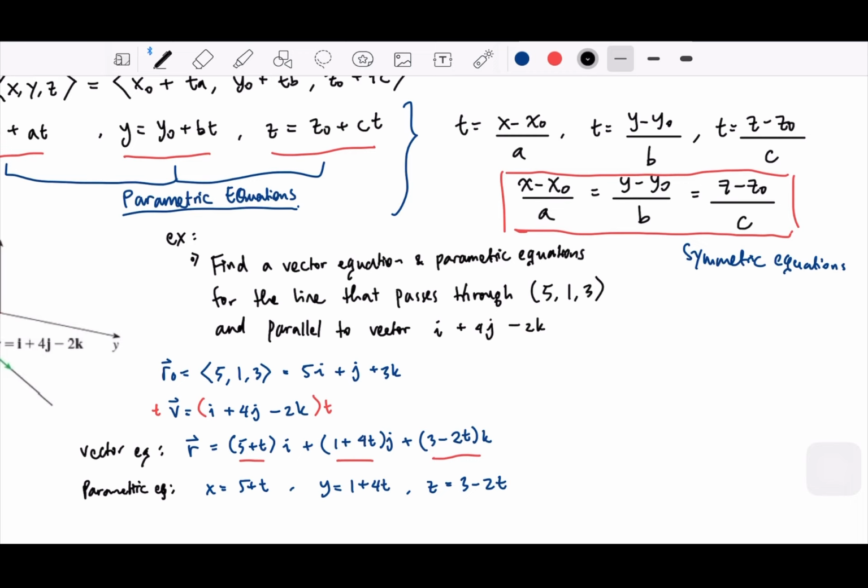For example, if A is 0, then the equation will be x equals x0, and the other two will still be equated. And don't make the substitution of 0 in this equation here. Make the substitution at the very beginning.